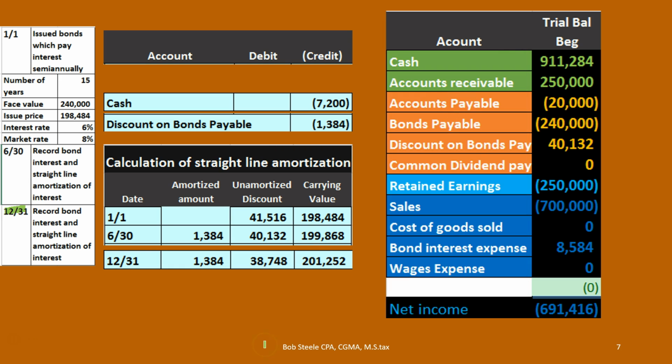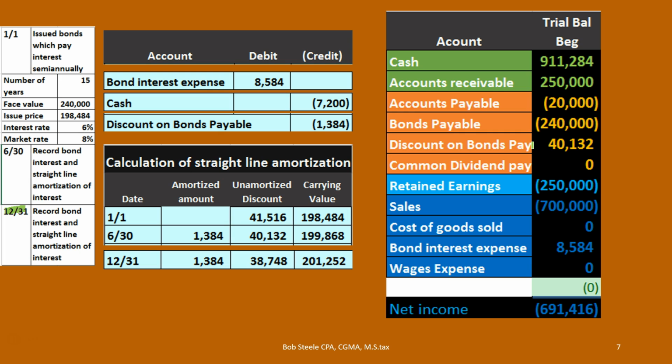That means that we are then going to credit the discount. We're going to reduce the discount because it has a debit balance. We're going to credit it, reducing it, and then we're going to debit the interest expense.